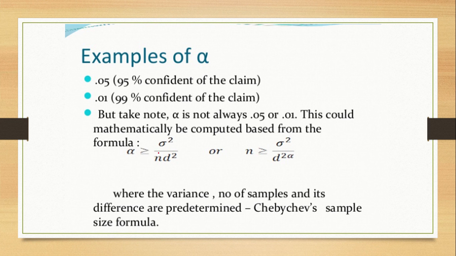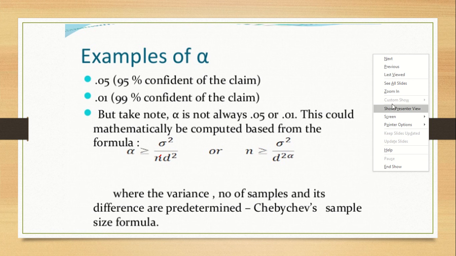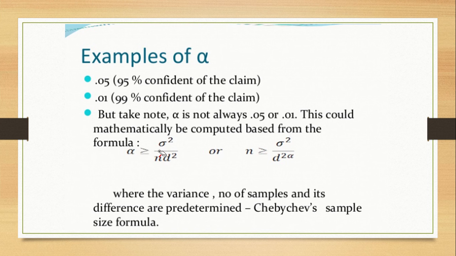We have alpha greater than or equal to the variance divided by n times d squared, or n is greater than the ratio sigma squared divided by d to the power 2 times alpha, where the variance, the number of samples, and its difference are predetermined. So we have what we call the Chebyshev's sample size formula.